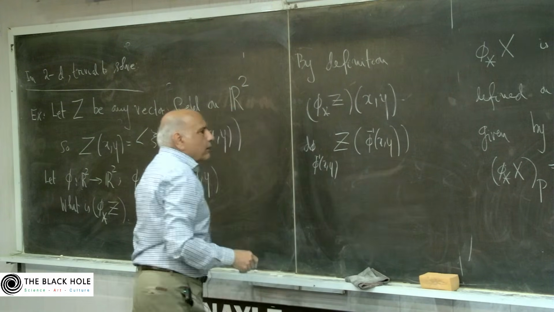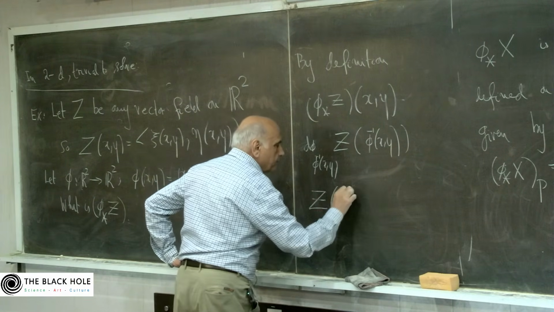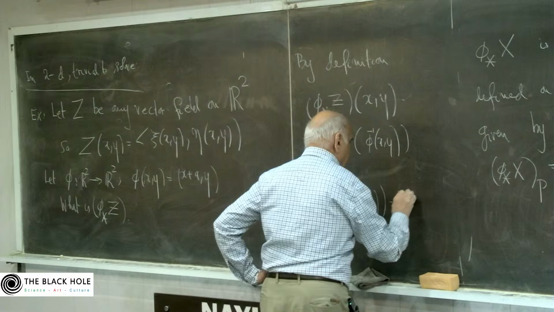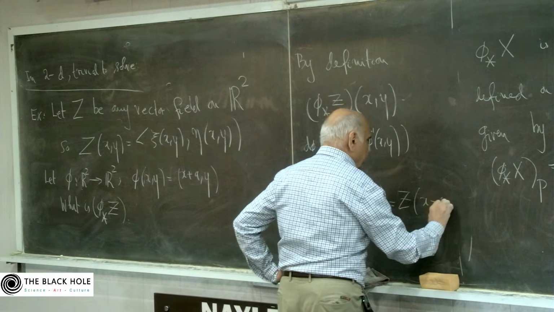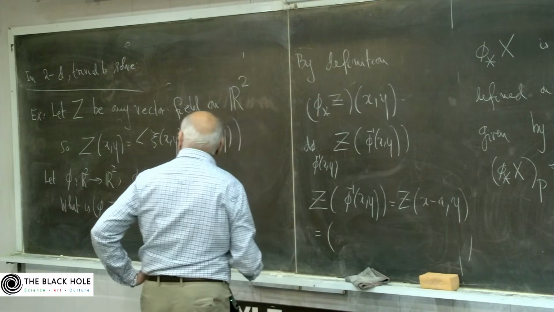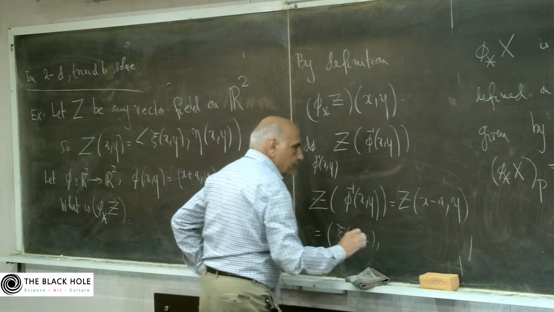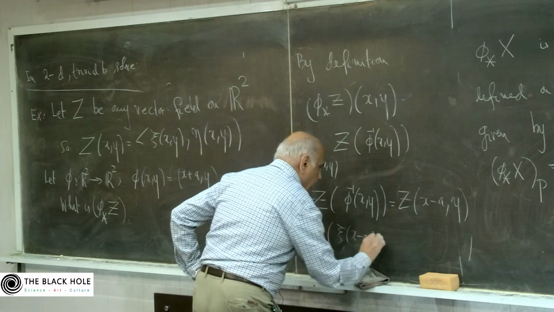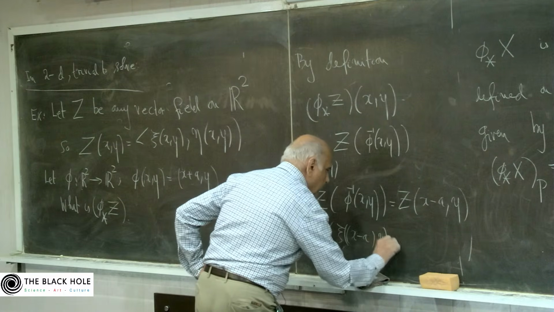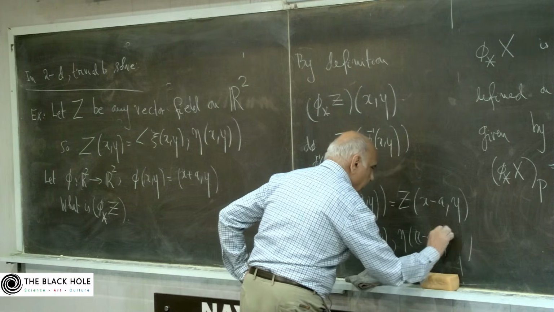Okay, what is Z at phi inverse of (x,y)? This is Z of (x minus a, y). So this will be xi of (x minus a, y), eta of (x minus a, y).